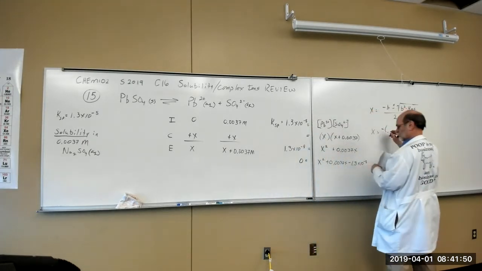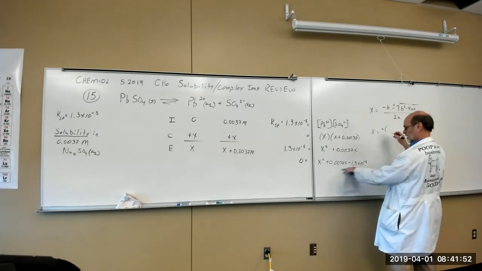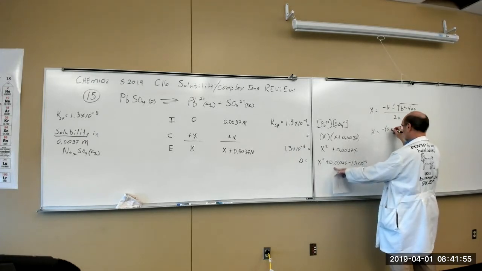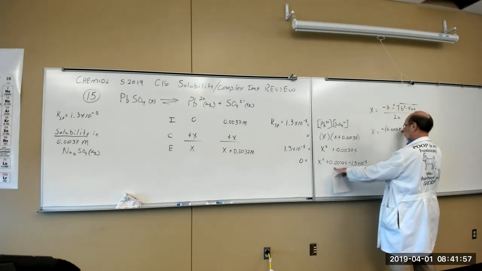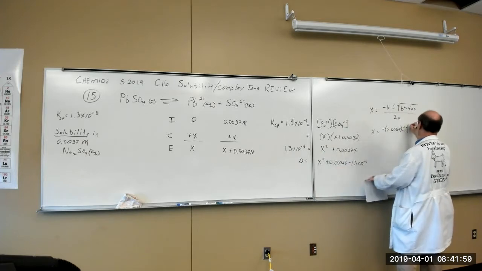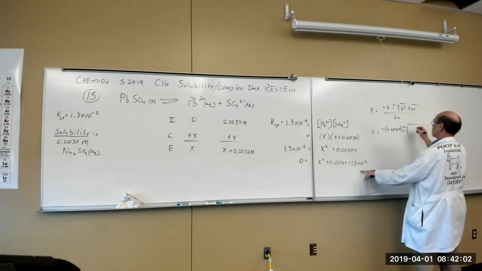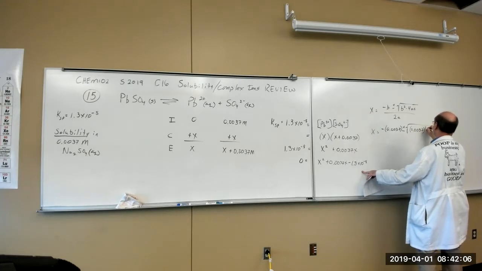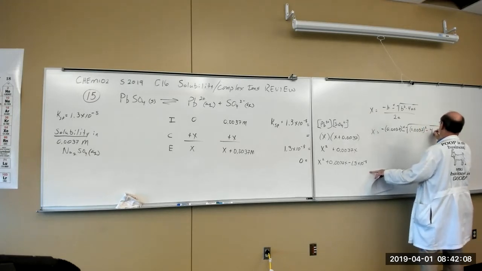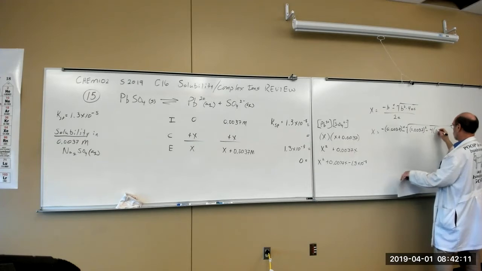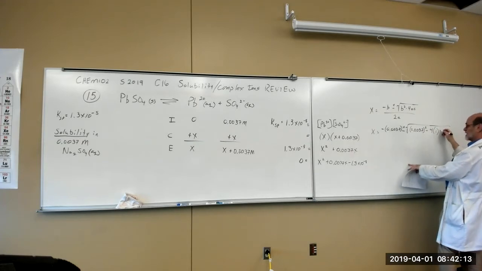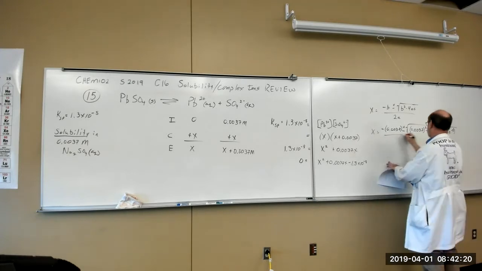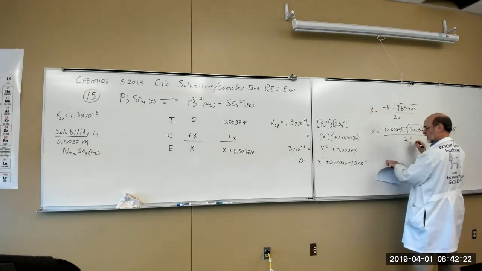So we're minus b, 0.0037 plus or minus the square root of 0.0037 squared minus 4 times a, which is 1, and c, which is minus 1.3 times 10 to the minus 8, all over 2a, which is 1.